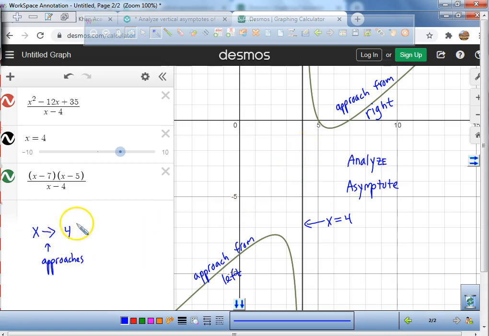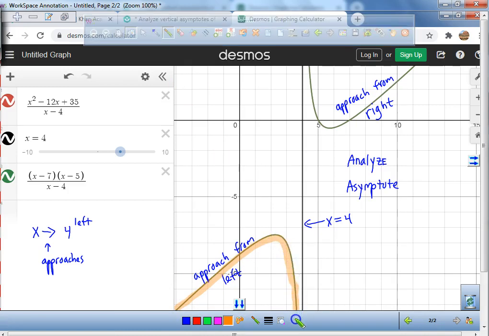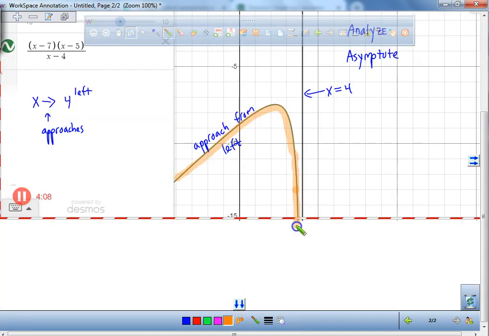If x approaches 4 from the left, what's happening? What is f of x approaching as we're going closer and closer from the left? Where is it heading? Where's this graph? It's going down.